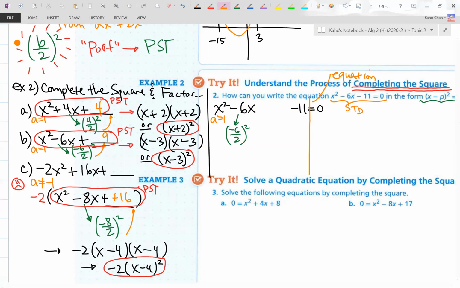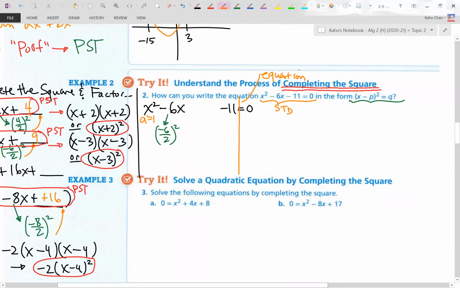When it comes to equations, you have to balance it like a teeter-totter or a seesaw. So when you complete the square, you're actually pulling a number out of the air. Half of negative 6 is negative 3. Negative 3 squared is positive 9, right?